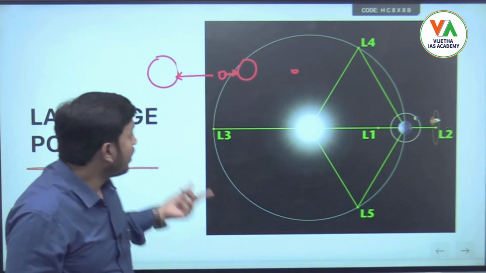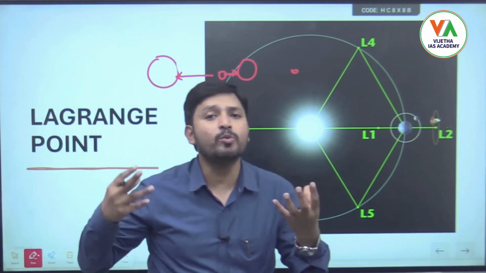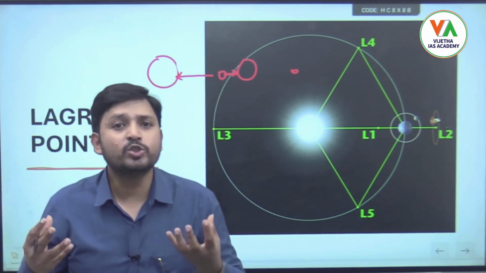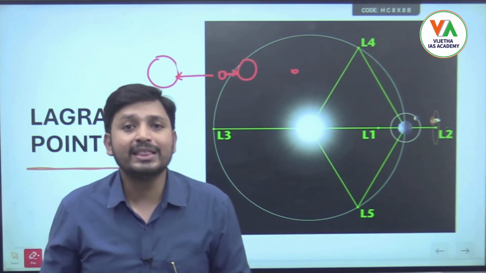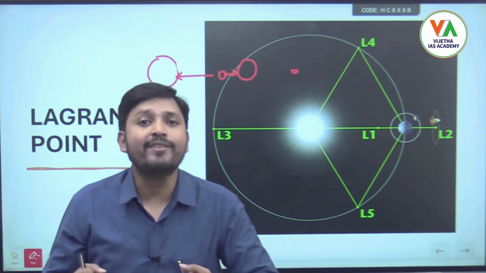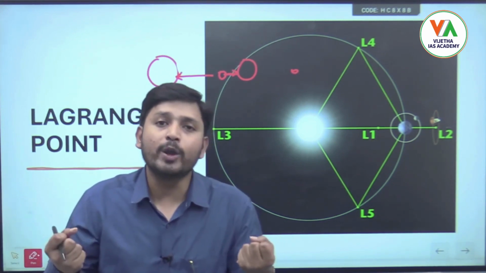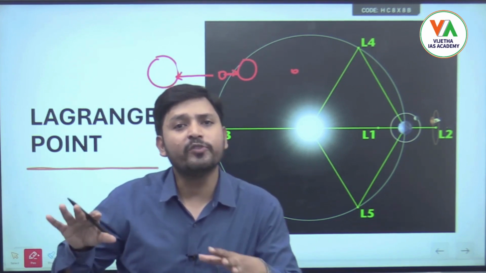So Lagrangian points are those points where, if there is a two-body system exerting gravitational force on a third body, there will be certain locations in the entire system where the gravitational force of these two bodies is balanced in such a way that the third body is in a stable position.